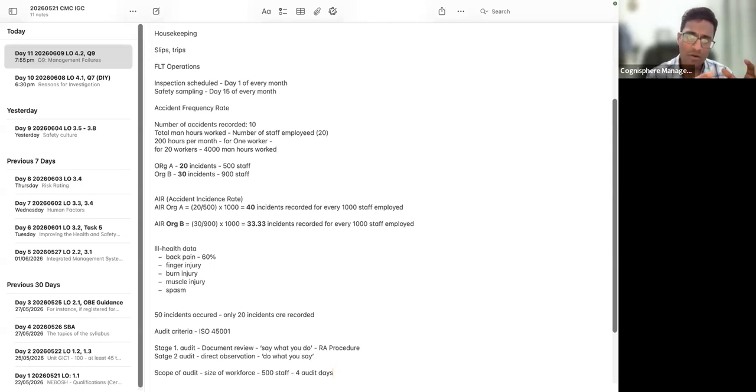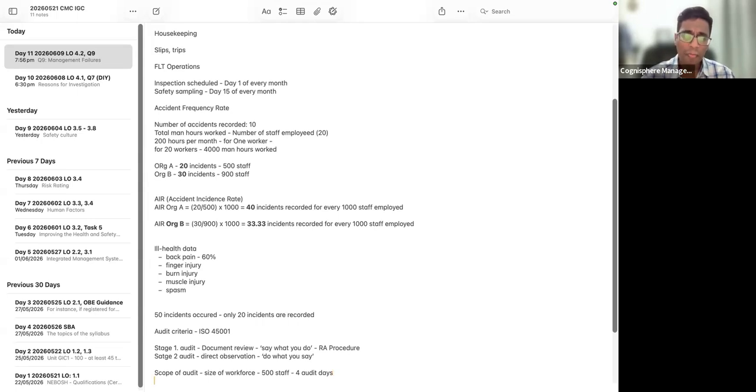So now you have 4 audit days. Of those 4 audit days, maybe one day they will allocate for stage one, like document review, and 3 days they may use for the implementation audit. So audit days will be planned.